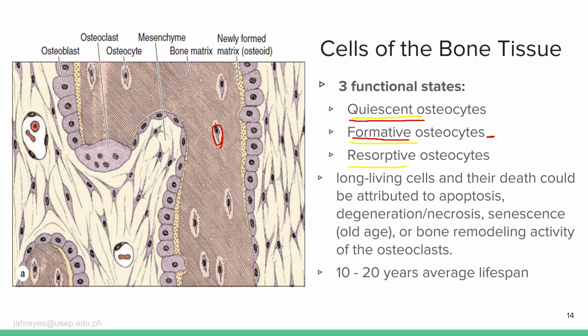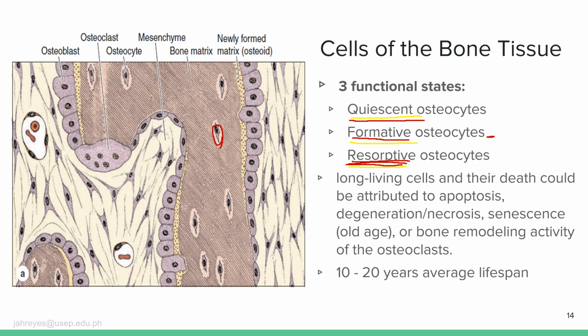While the resorptive osteocytes, just like the formative osteocytes, also contain more endoplasmic reticulum and Golgi apparatus compared to the quiescent, the resorptive osteocytes, as the name suggests, contain enzymatic vacuoles we term lysosomes.